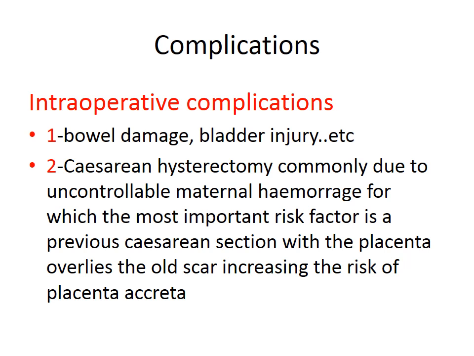Of course, this might include damage to the nearby structures, that is to say, visceral damage, for example, bowel damage, bladder injury, ureteric damage, etc. Or the operation might be complicated by severe bleeding, hemorrhage that necessitates removing the uterus at the same time, that is to say, performing Caesarean hysterectomy, and this is especially indicated in the presence of a previous Caesarean section scar with the placenta implanted over the site of the previous scar, increasing the risk of placenta accreta.